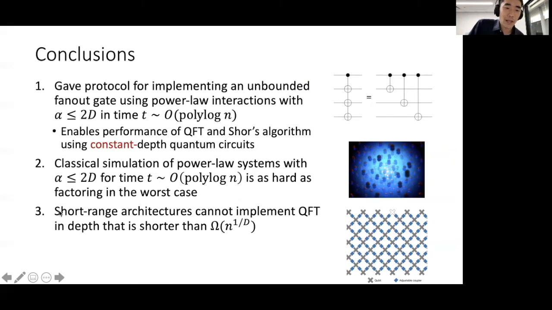And finally, we gave a lower bound on short range architectures being able to implement QFT and fanout in circuit depth that is shorter than some polynomial in the system size.